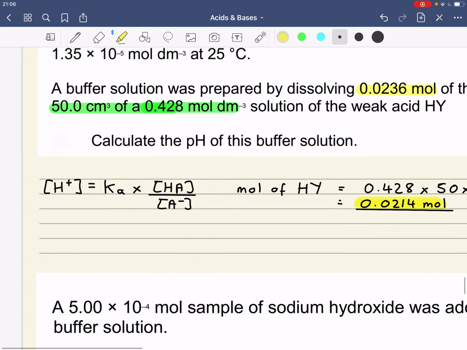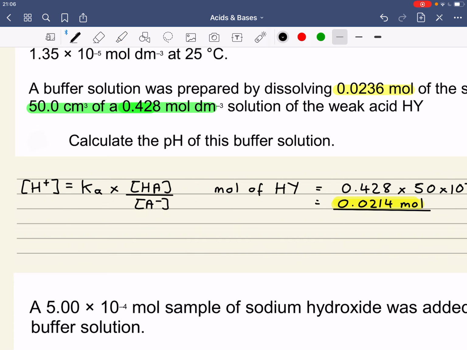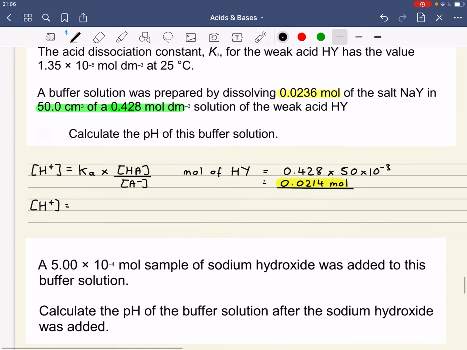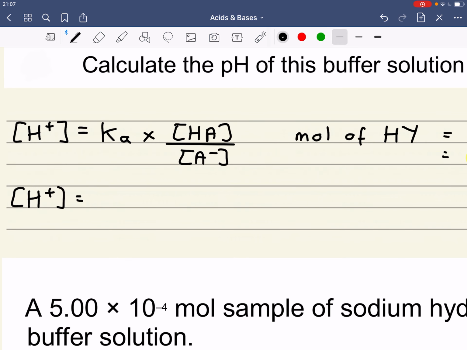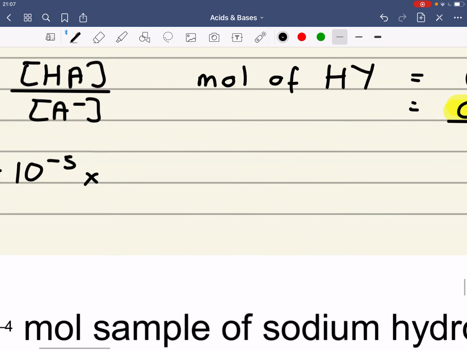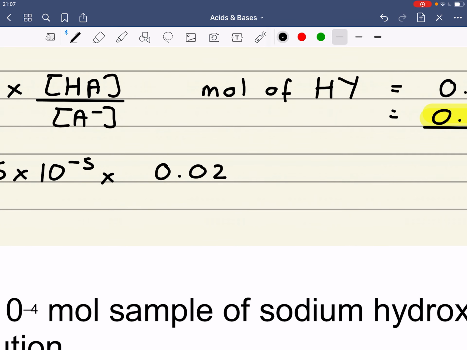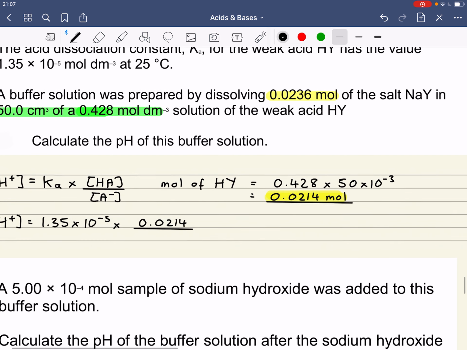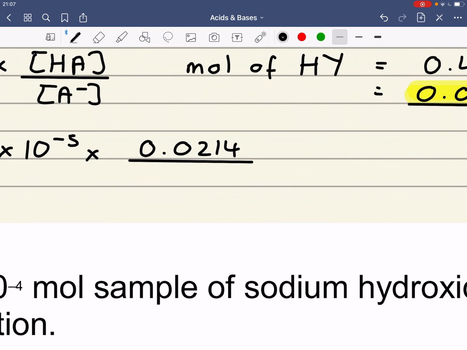So I simply now put those numbers into my equation. So my H plus is equal to the Ka, which is given. It's 1.35 times 10 to the minus 5, multiplied by my HA, or in this case he's calling it HY, 0.0214, divided by my A minus or Y minus, in this case 0.0236.